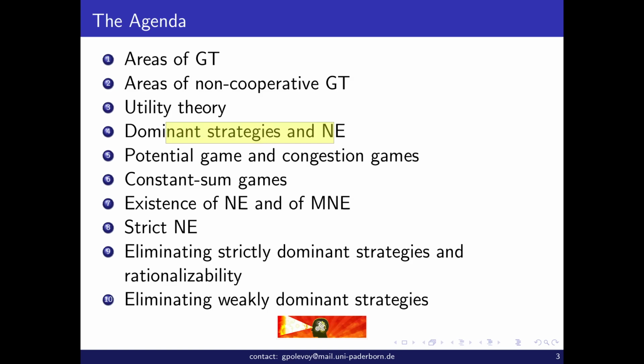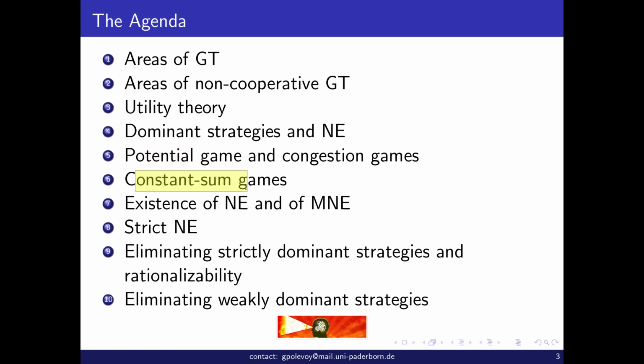Then we look at one of the most important classes, which is potential games, which models agents who have common goals, and an isomorphic class, which actually may seem different because it's defined completely from a concrete perspective of congestion, several agents using the same resources.